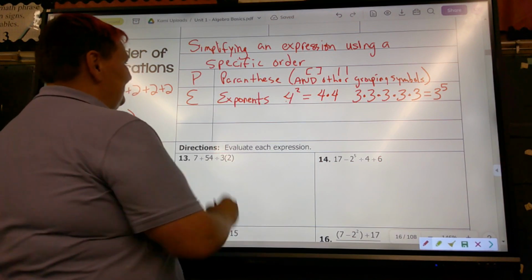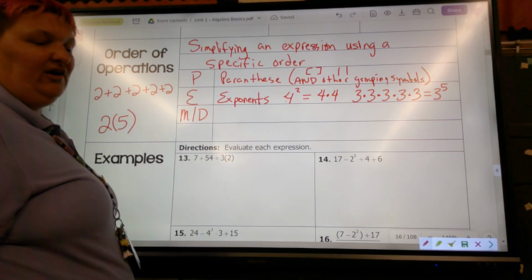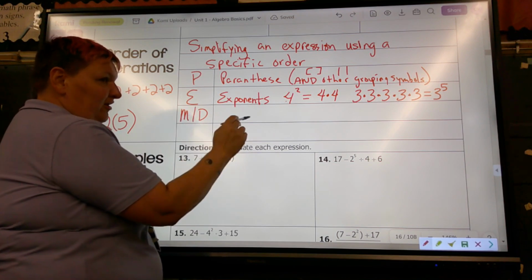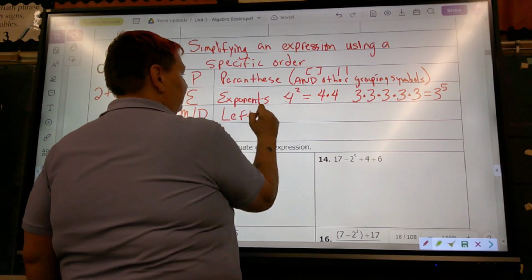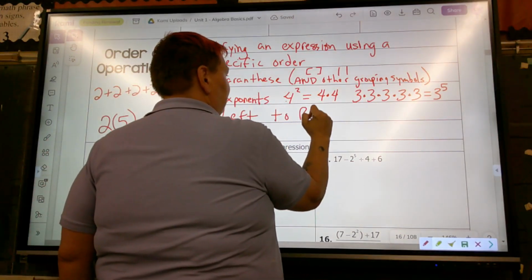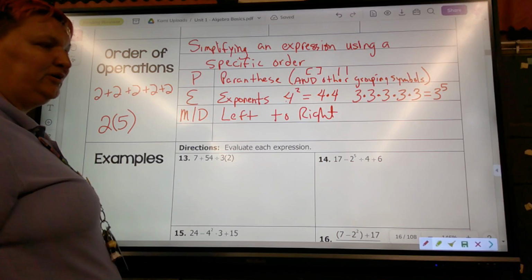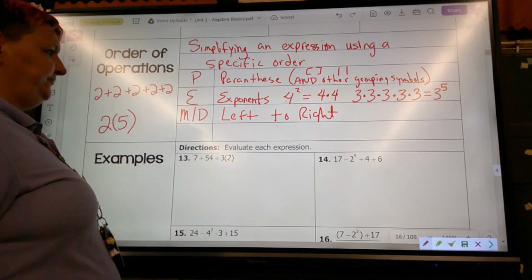I know. All right. Multiplication and division are equal. They are on the same level. We still have the PEMDAS part, right? But you go left to right. Whichever comes first, just like reading a book. You go left to right when it comes to multiplication and division, right?